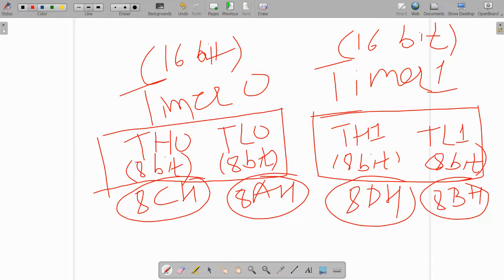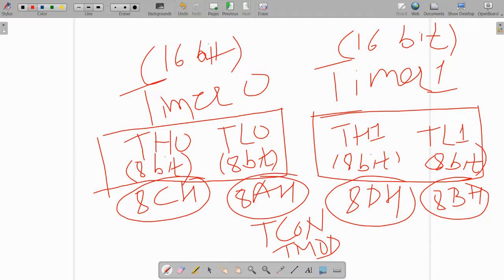Now, what are the special function registers which are associated with the timer and the counter? They are TCON register and TMOD register. So these are the two special function registers which are associated with timer 0 as well as timer 1.